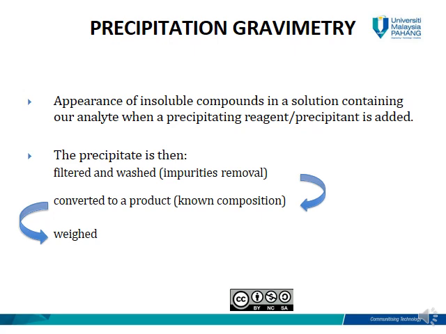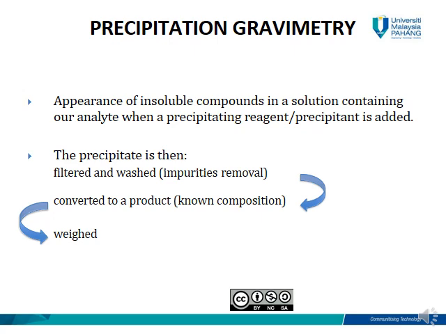Basically, in this case, you can see it very clearly when you do a titration. For example, in this experiment the precipitant, or precipitating reagent, is put in the burette, and the flask contains your sample solution. When the precipitate forms, it will be filtered and washed, basically using deionized water.